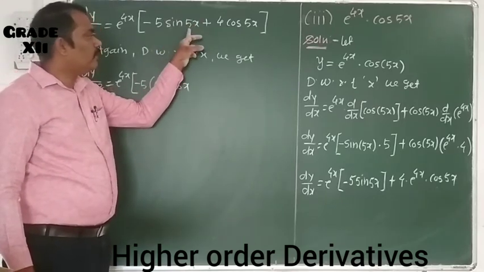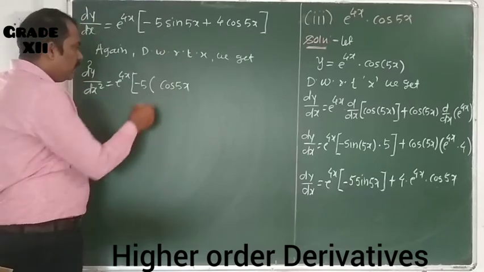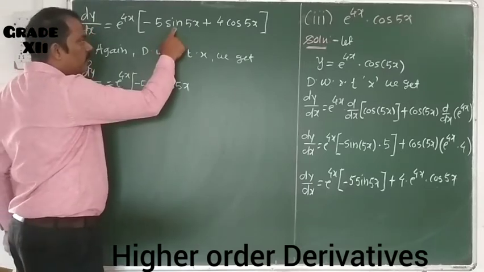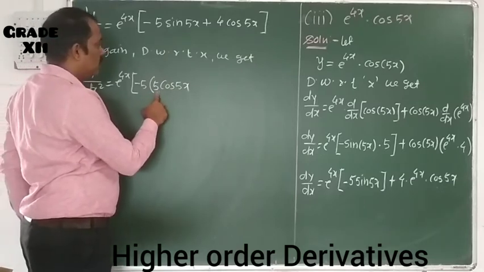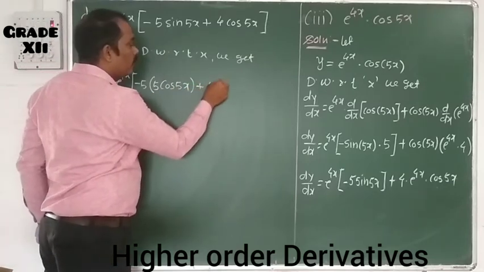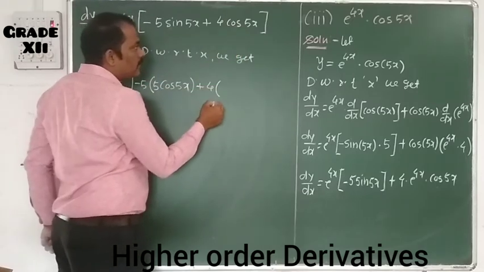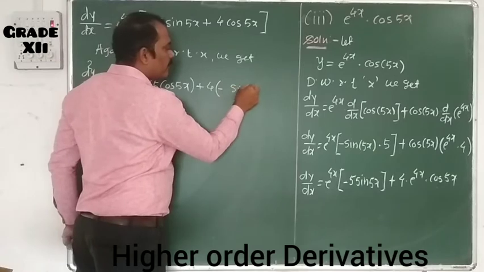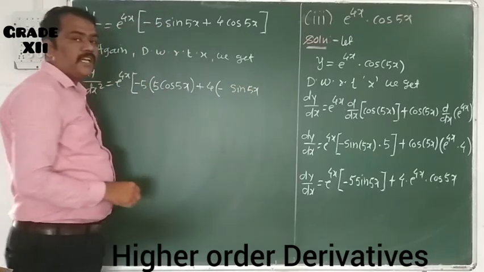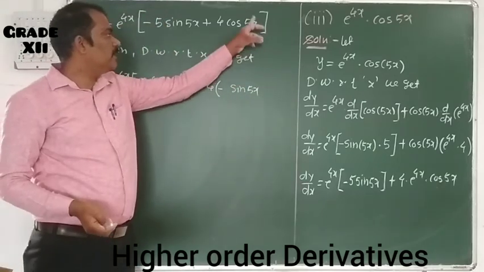Then we have to take the derivative of 5x. What is the derivative of 5x? It is nothing but 5. So the derivative of sin of 5x is nothing but 5 times cos of 5x, plus 4 into, what is the derivative of cos? It is nothing but minus sin of 5x. What is the derivative of 5x?